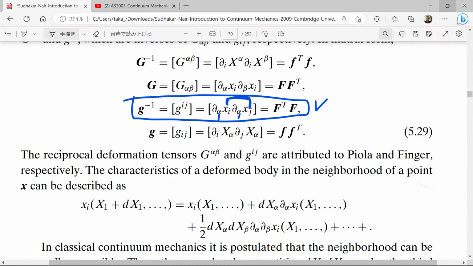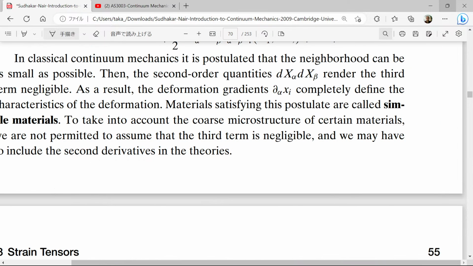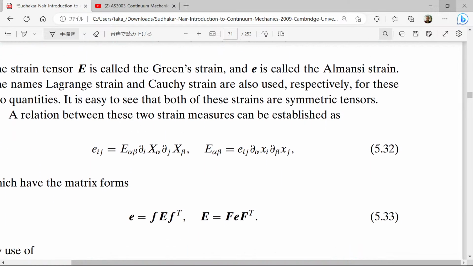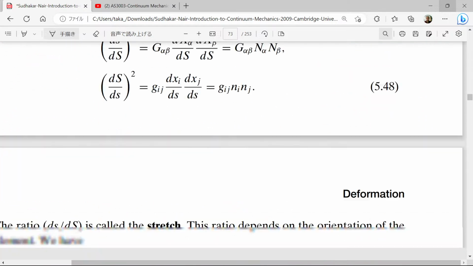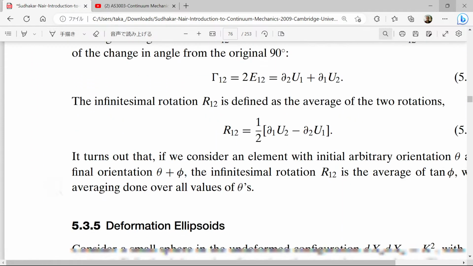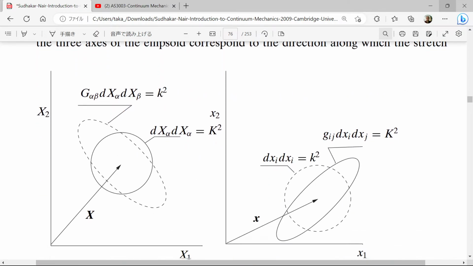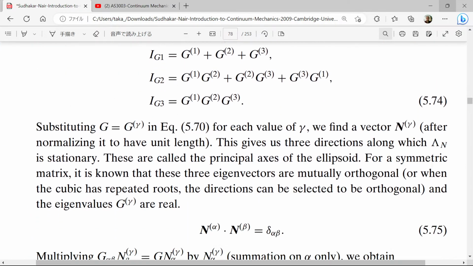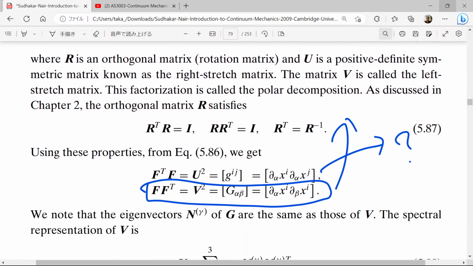What page is it? Page 54, we have this. So we can now accept the deformation. I think we have done this.